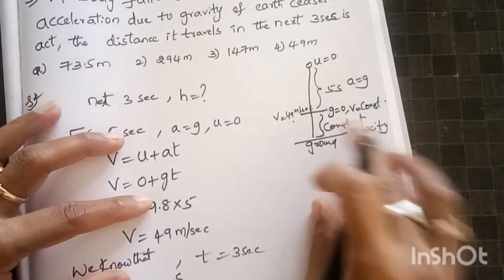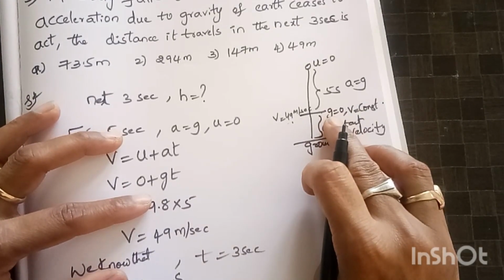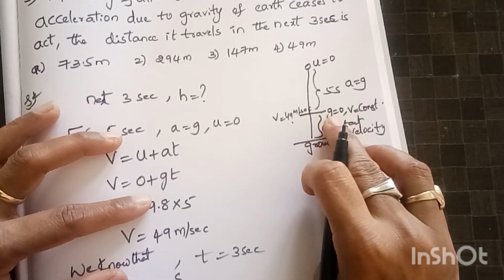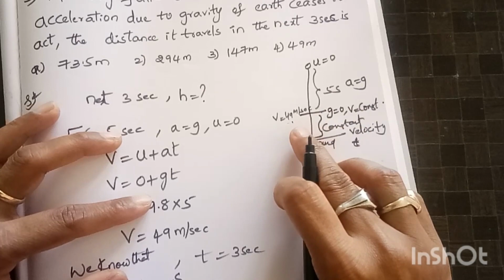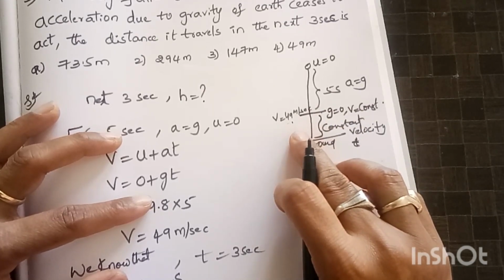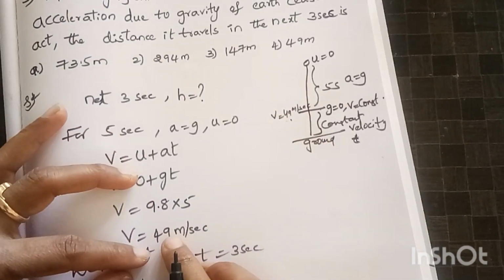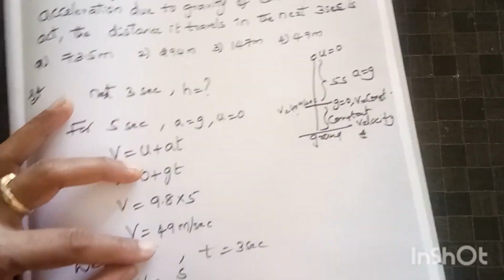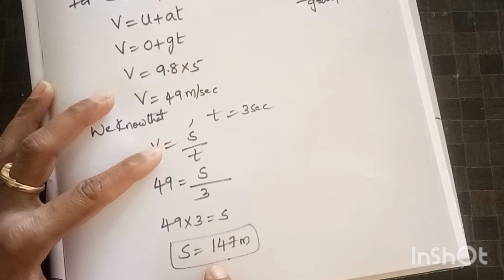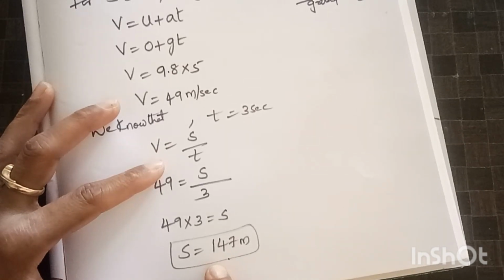After the acceleration due to gravity has ceased, the object moves with a constant velocity to reach the ground. That is 49 meter per second, which we have calculated, with a time of 3 seconds. So the distance traveled is 147 meters.